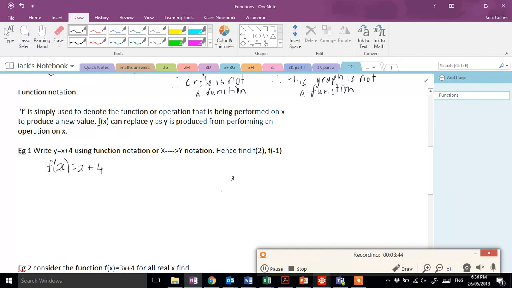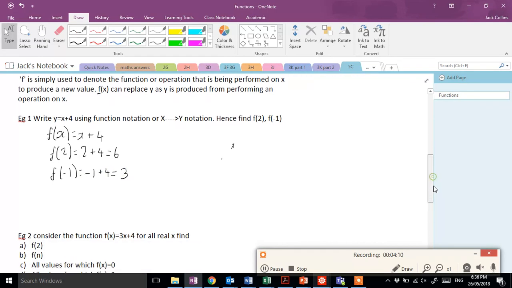Okay, so f of x is equal to x plus 4. And then it's a simple amount, much like with polynomial substitution. f of 2, you just substitute in 2 when you have x, is equal to 2 plus 4 is equal to 6. f of minus 1, probably have a go at this one yourself, guys. So pause and have a go. That'd just be -1 plus 4, which is equal to 3.